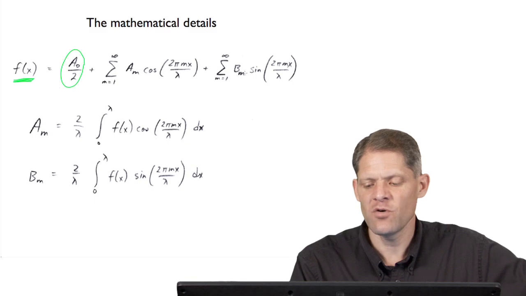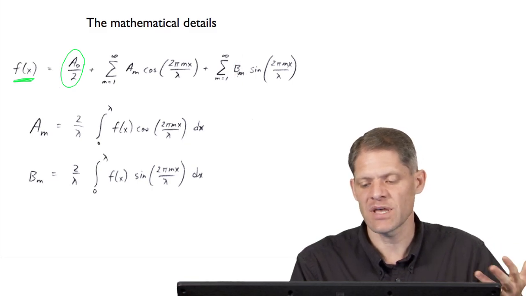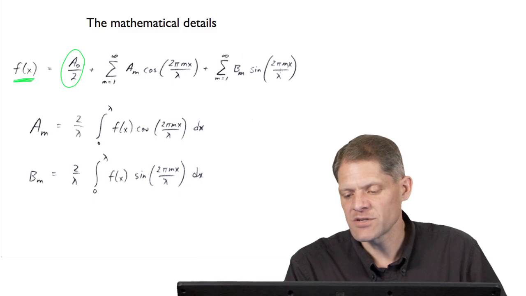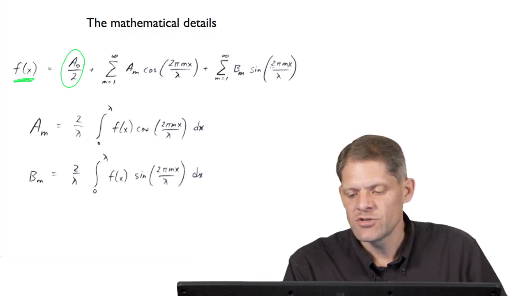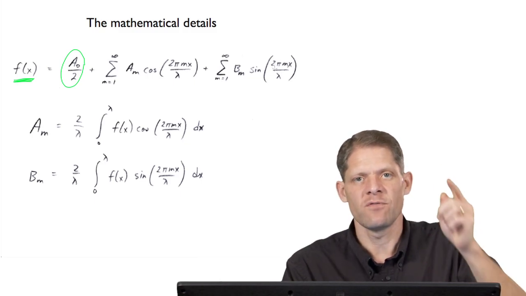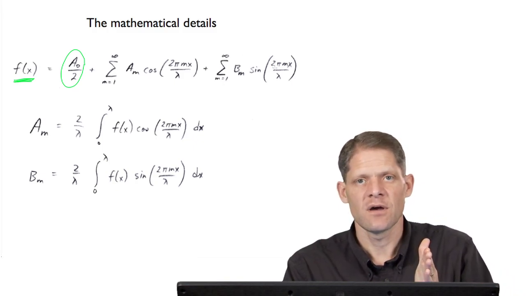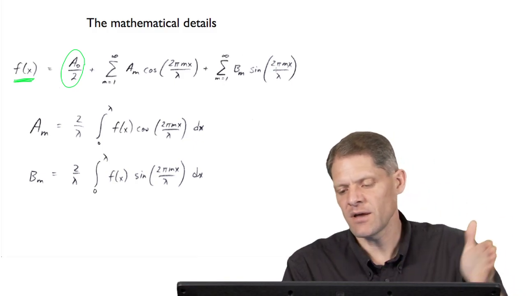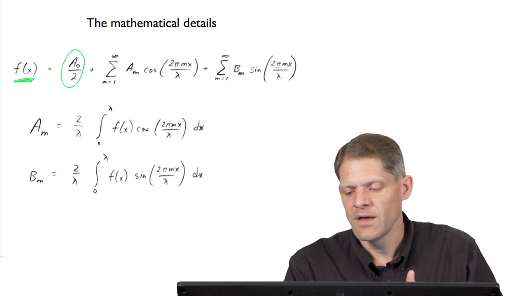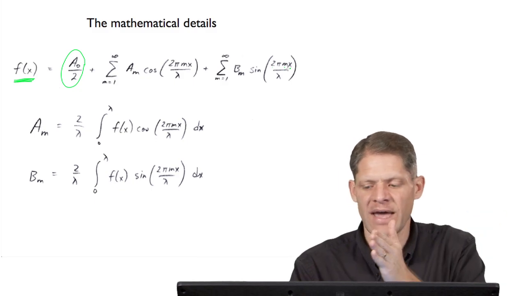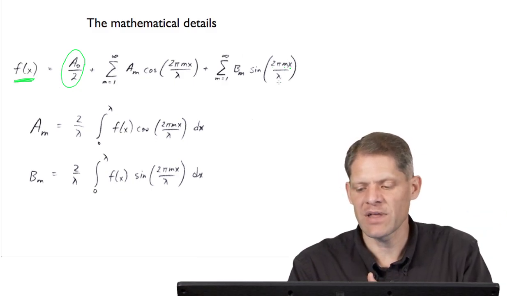Each one has its own particular amplitude. Here we'll say b sub m. And the argument of the sine function will be 2 pi, a full circle in radians, all the way around a phase circle, times m, the index of that sine wave, times the spatial variable x divided by the wavelength.